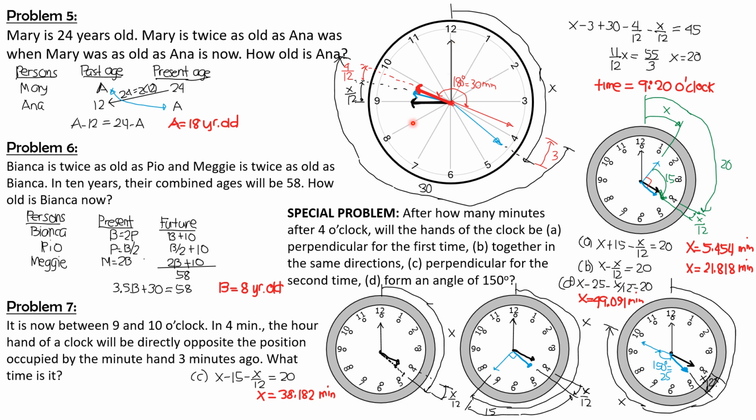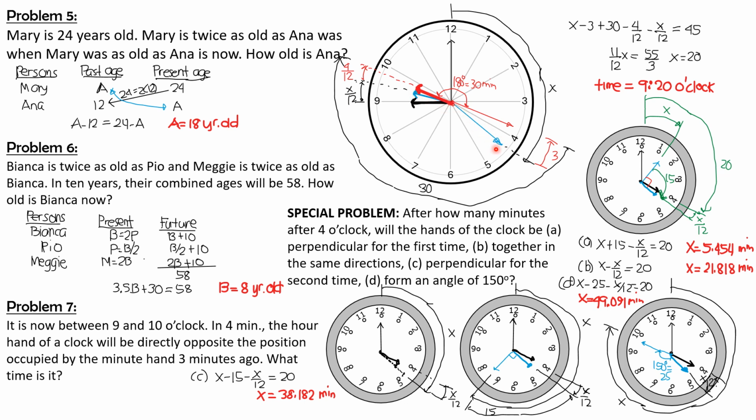Then the hour hand is constrained to rotate within this space here, and the minute hand will be free anywhere. But because it is mentioned that in 4 minutes the hour hand of the clock will be directly opposite the position occupied by the minute hand 3 minutes ago, more or less the position of the minute hand would be somewhere here.